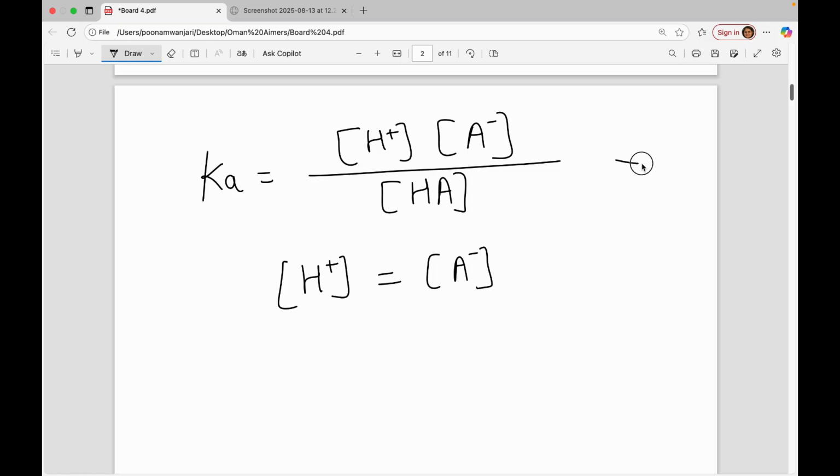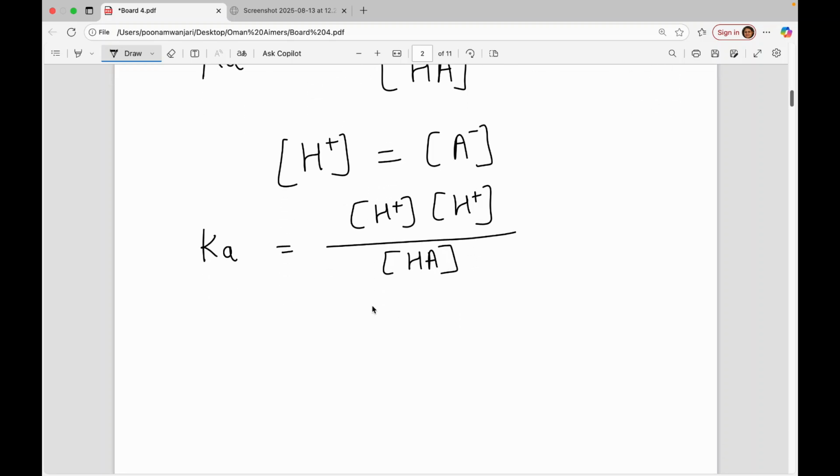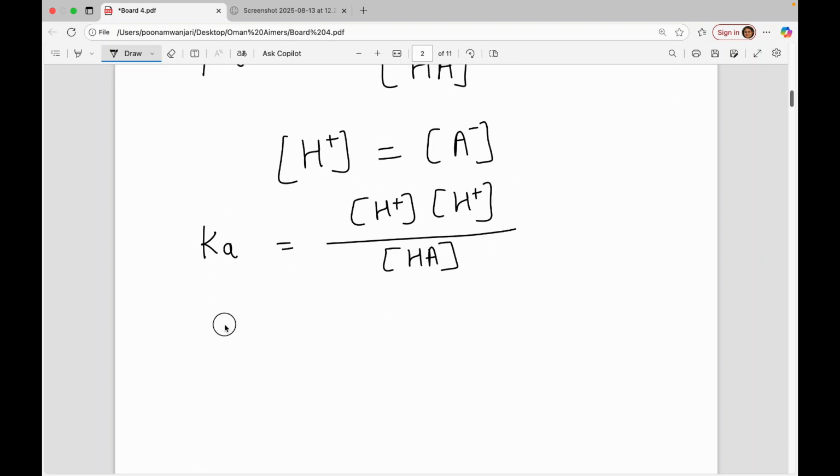So we just need to put H plus instead of A minus. If I write this as equation number 1, then your Ka equation, if H plus is equal to the concentration of A minus, we just put H plus instead of A minus, and the concentration of acid as it is, so Ka equals H plus squared divided by the concentration of acid.